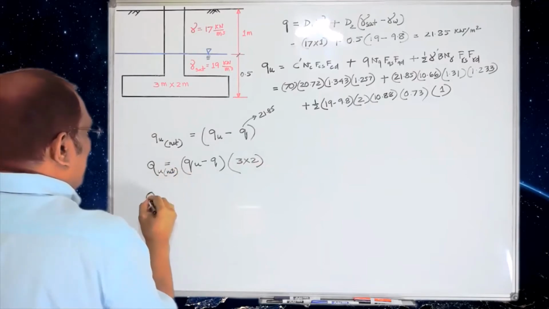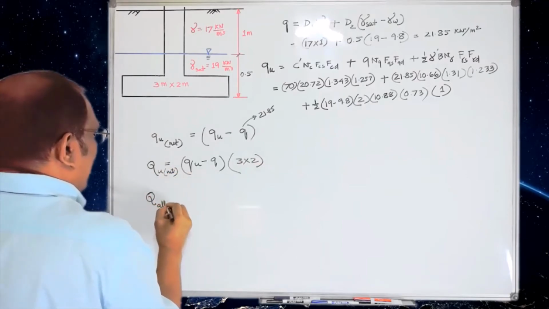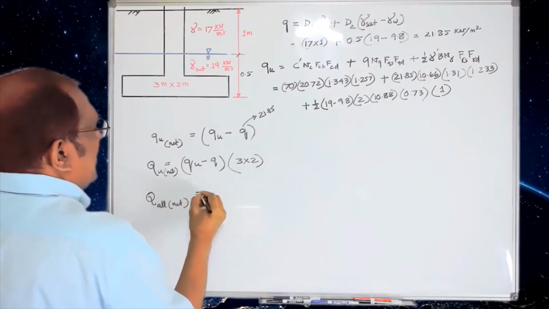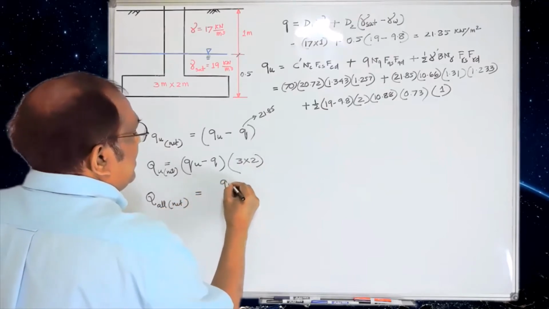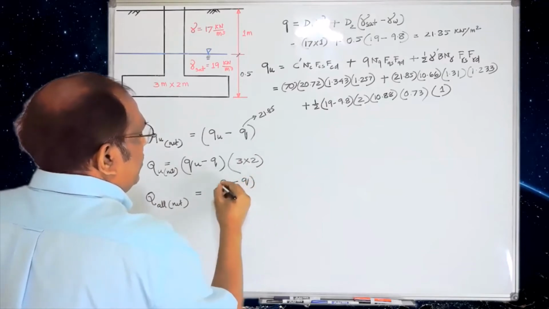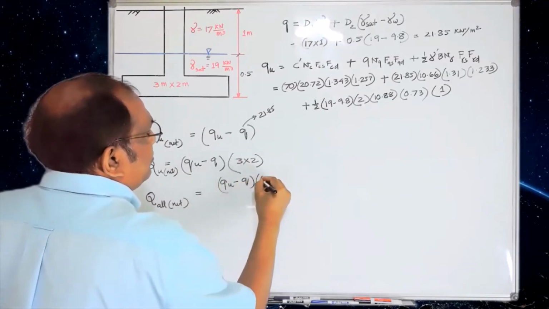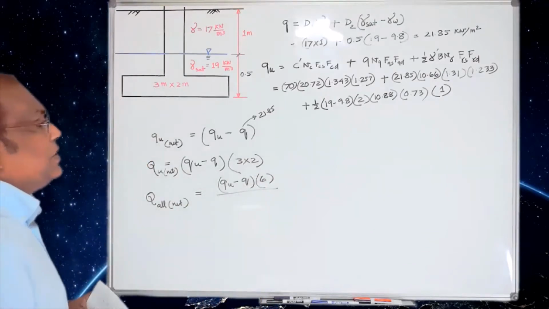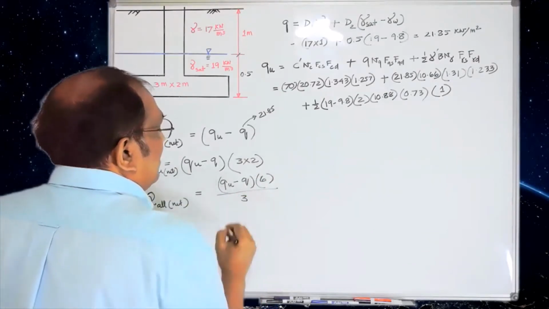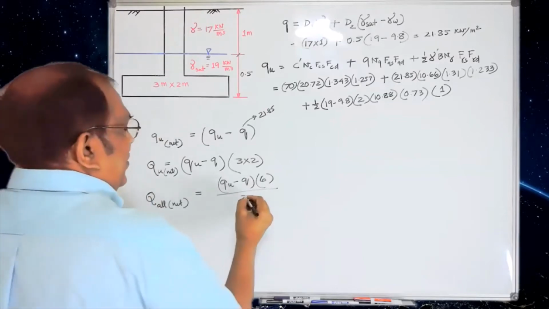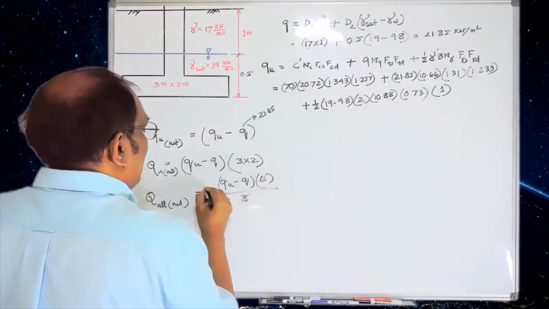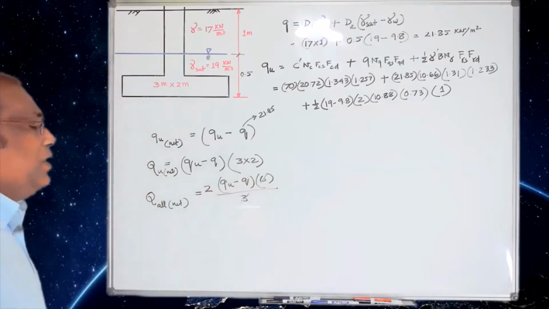And then Q allowable net would be qu minus q into area 6 divided by the factor of safety, which is basically 3. So this is basically 2 into qu minus q.